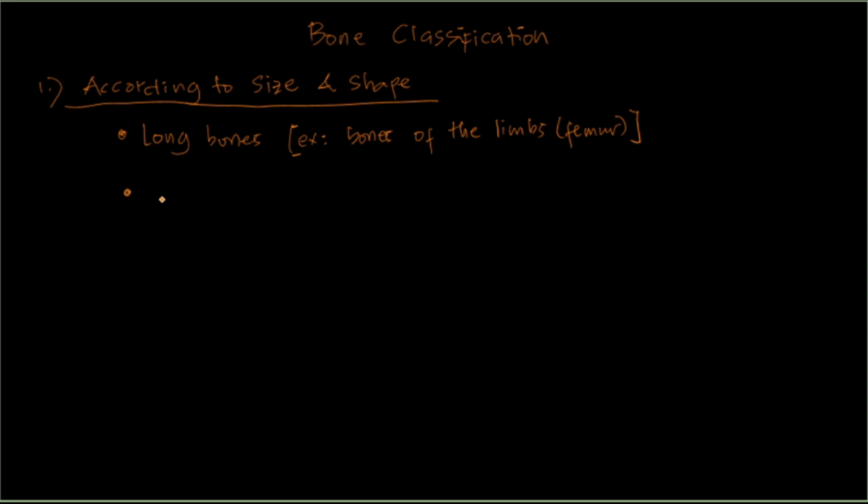Another one under your first category, we have your short bones. Short bones are generally cube shaped and they are broad. What are the examples of your short bones?